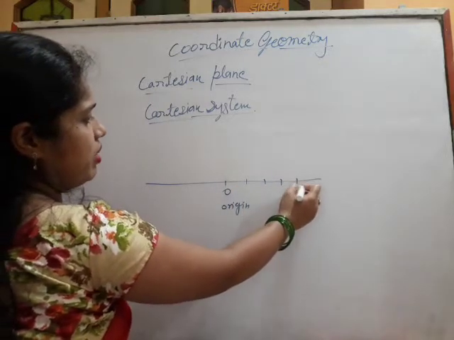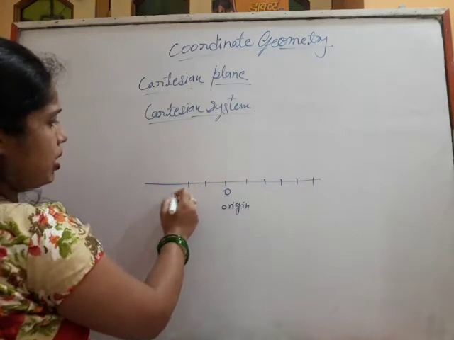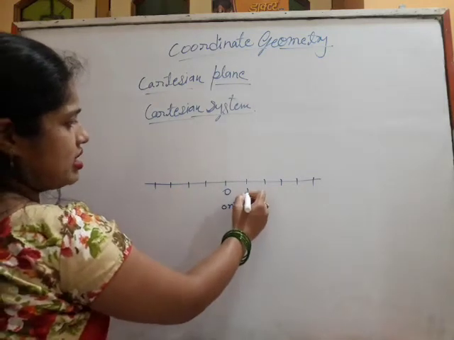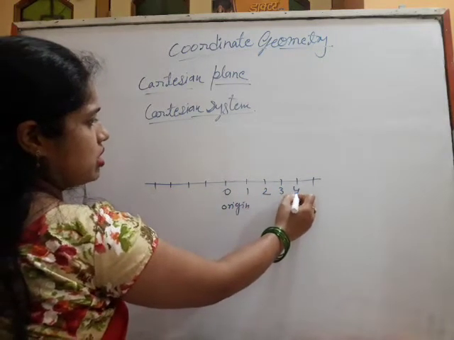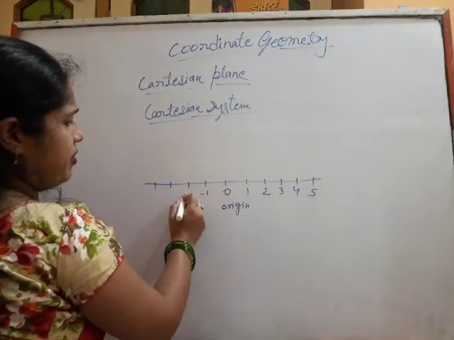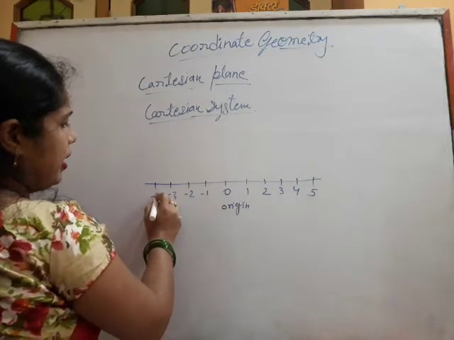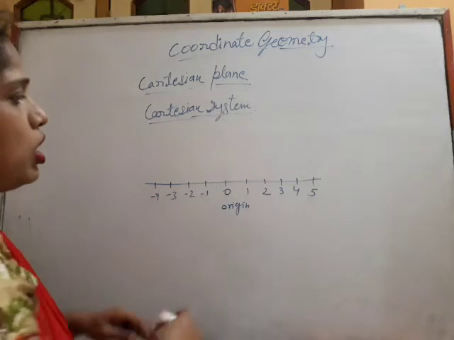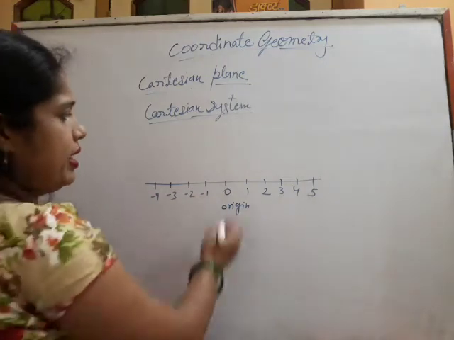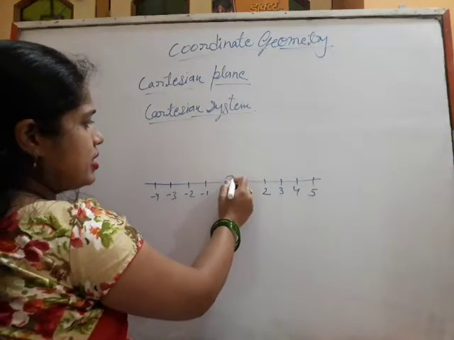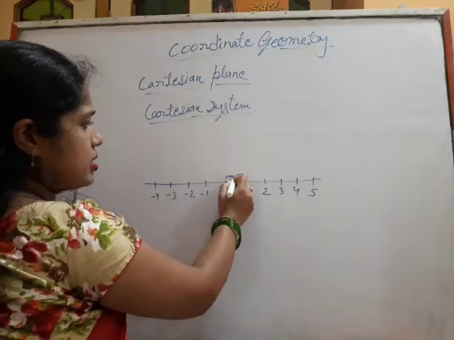Let us have some division of numbers on this number line. On the right hand side, as you know, the positive numbers are there, and on the left hand side there are negative numbers.